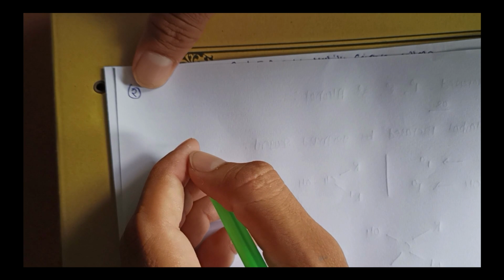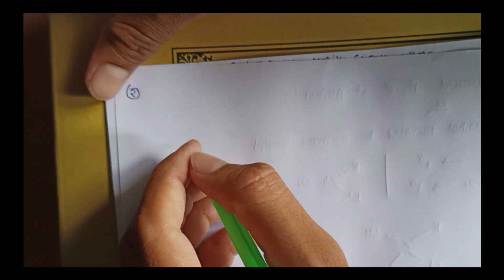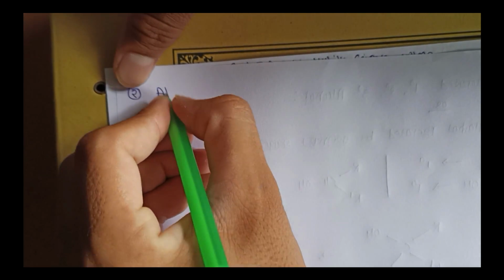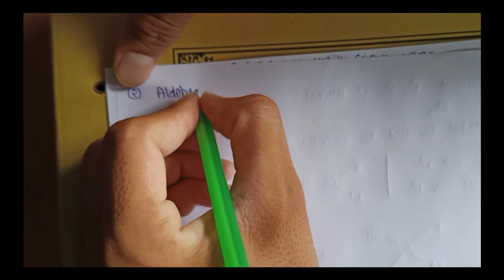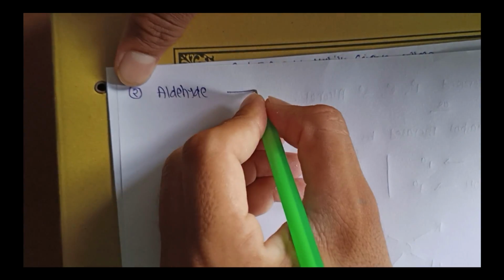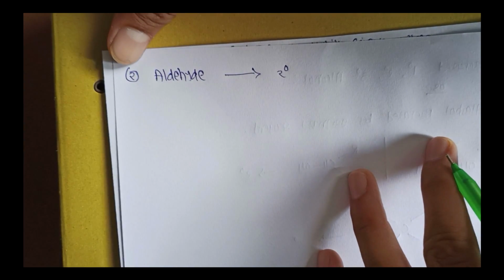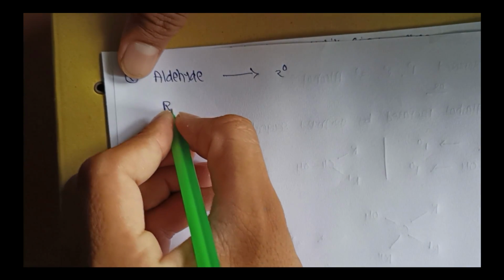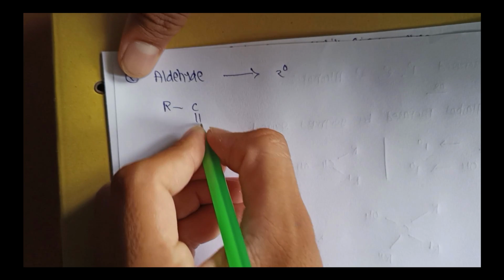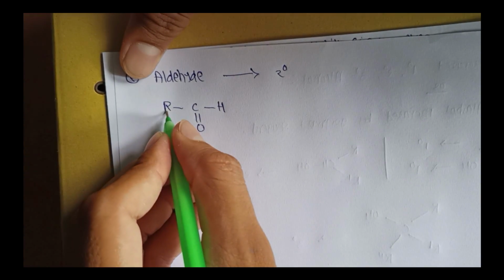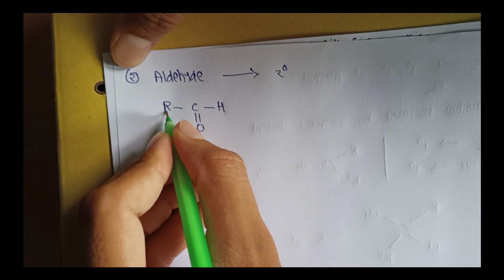Formaldehyde is not used to prepare secondary; another aldehyde is required, another aldehyde R-C(=O)-H.